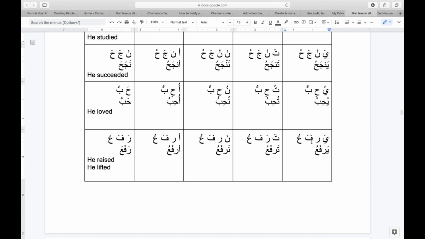يرفع. He raises or he is raising, okay, or lifting sometimes. You will see some of Arabic words.